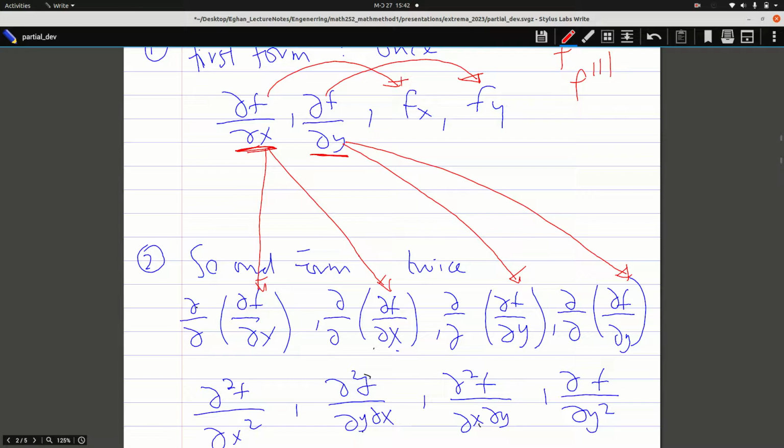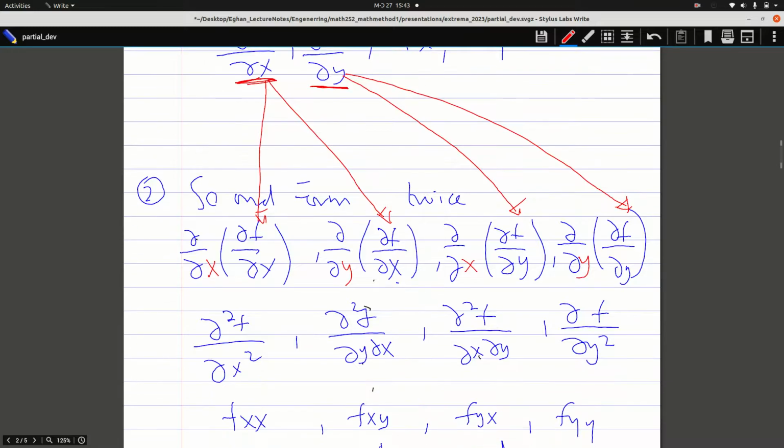I can differentiate the same thing with respect to x and then y, partial. It means that if I rewrite or simplify, this becomes del squared f over partial x squared, as you see here. If I move to the second stage, I have del squared here, but look at this, it becomes partial y partial x.